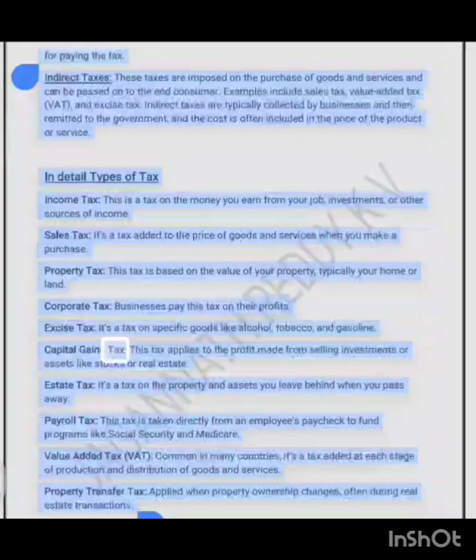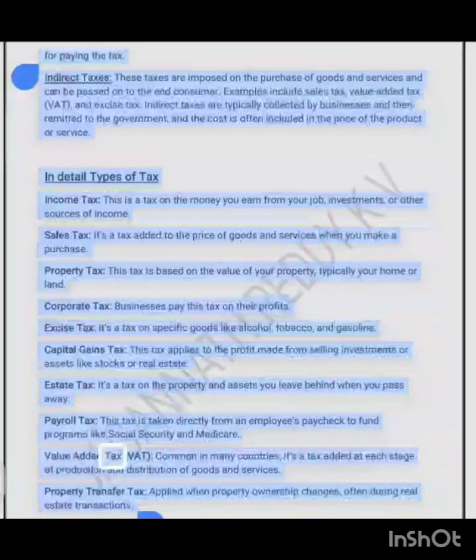Capital gains tax. This tax applies to the profit made from selling investments or assets like stocks or real estate. Estate tax. It's a tax on the property and assets you leave behind when you pass away. Payroll tax. This tax is taken directly from an employee's paycheck to fund programs like Social Security and Medicare.